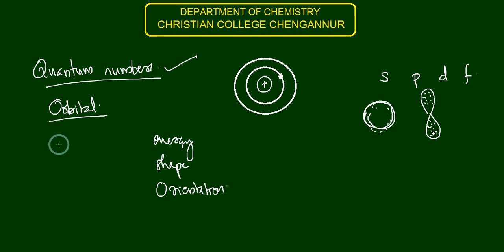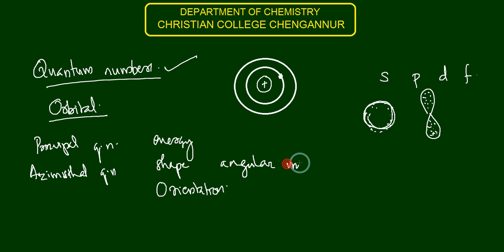The first one, which specifies the energy of the orbital, is the principal quantum number. The second one is the azimuthal quantum number, which can also be called the angular momentum quantum number.